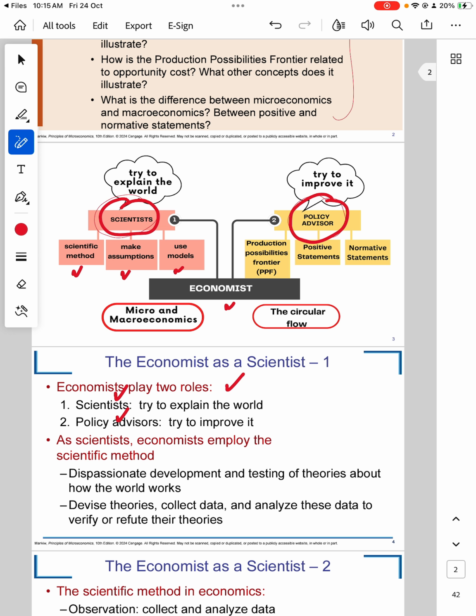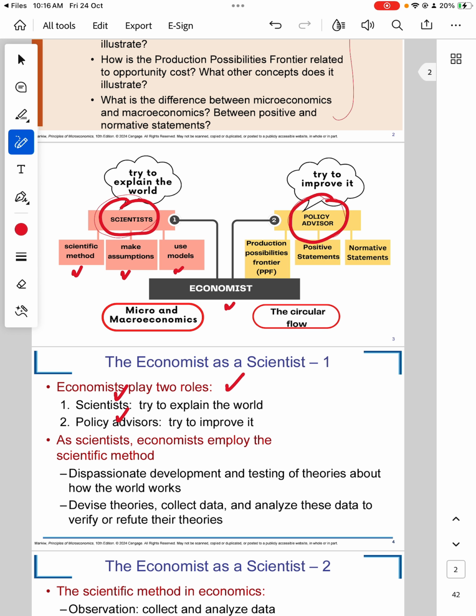And then in terms of the policy advisor, they try to improve things. After they explain the world, they implement it, and after they implement it, they see the deficiencies of the things that they implemented. So how do they try to improve it?